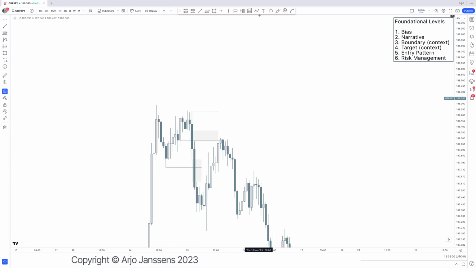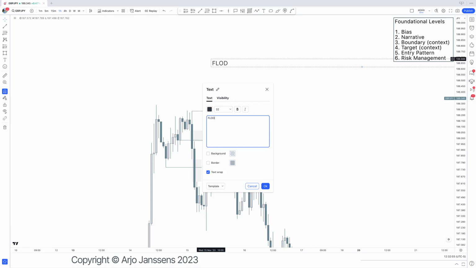FLOD, and the way I spell that is, by the way, F-L-O-D. This is FLOD. FLOD stands for first line of defense. Now, sometimes you will also hear me refer to it a little bit different, but that is also something that we're going to explain. Don't worry. Then we have LOD, which is also sometimes you hear me refer to it a little bit different, the last line of defense in a different sense.